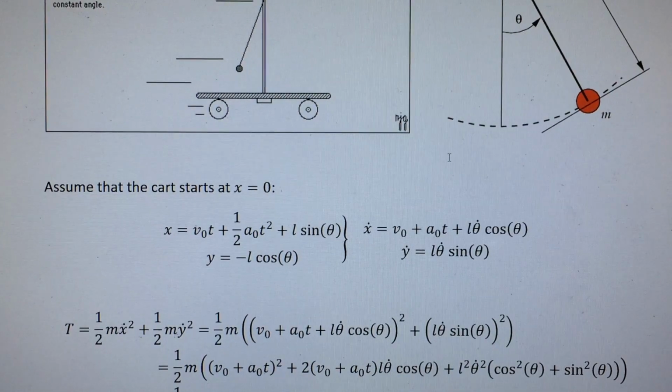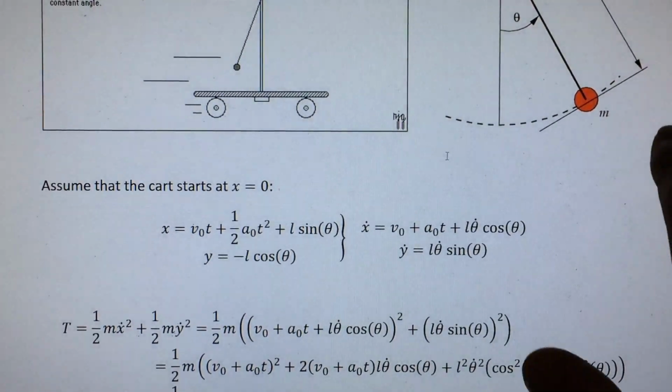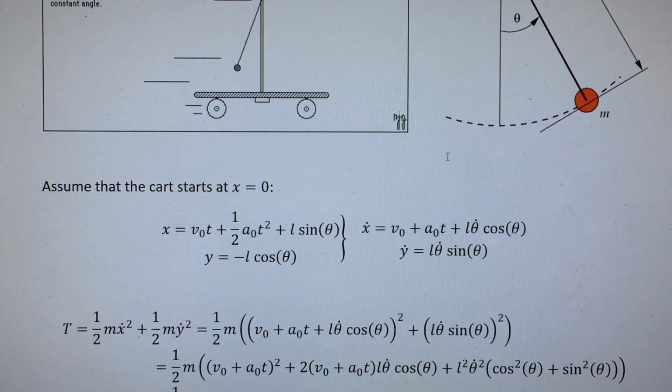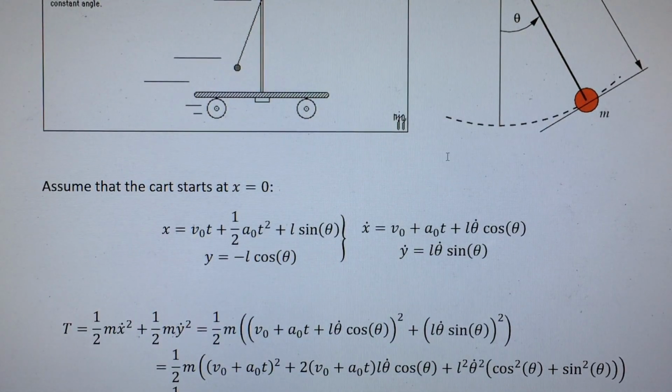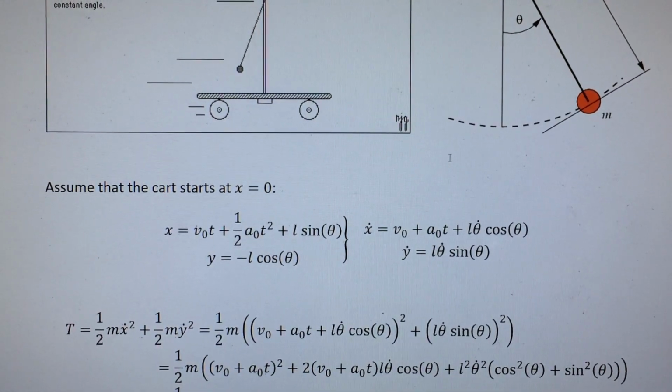Now the only contribution to the y displacement will be this oscillation because, well, the cart itself isn't accelerating in the y direction at all, just in the positive x direction.